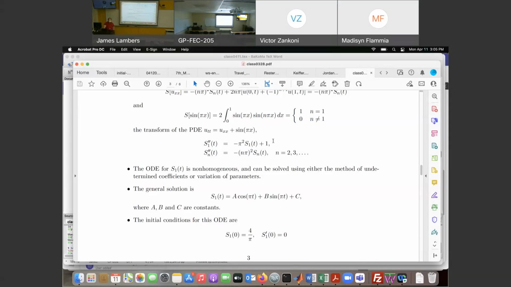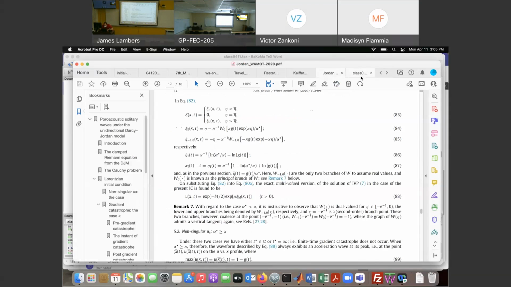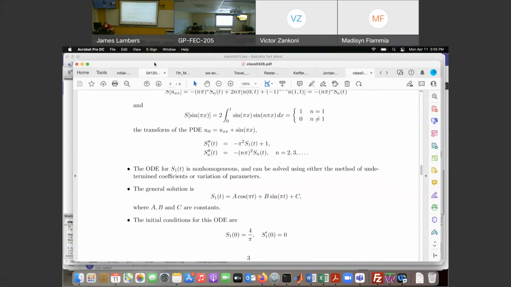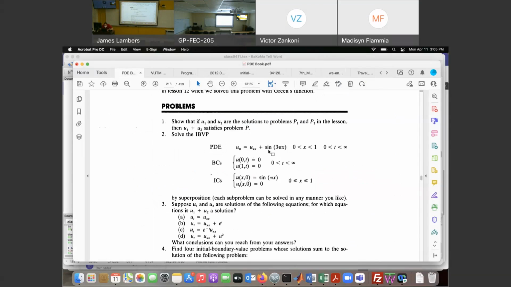And the second part of the superposition would just be ut equals uxx without the sine. One part of the superposition would only have the sine 3 pi x source term, but no initial data.